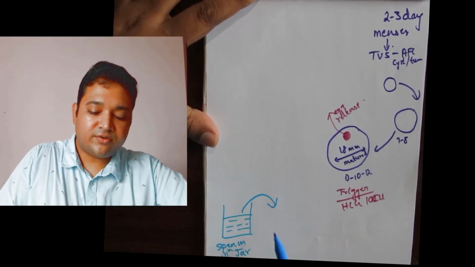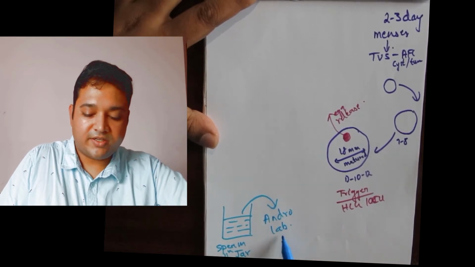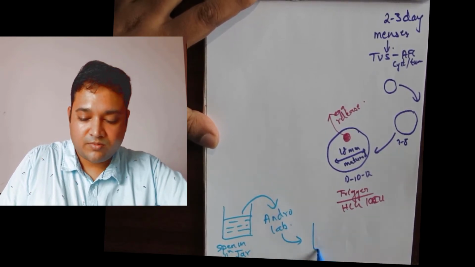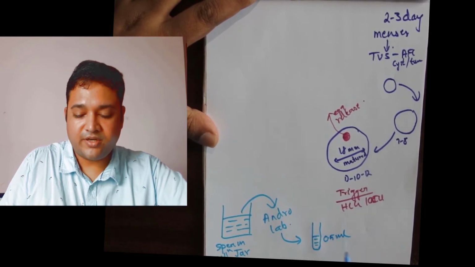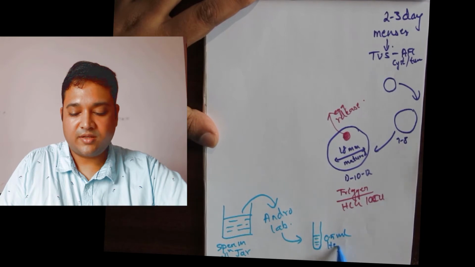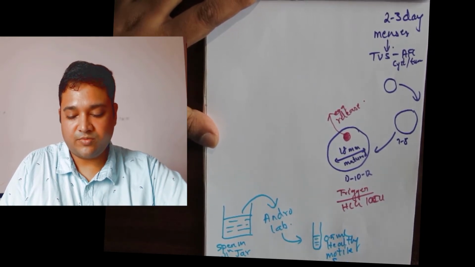By either of these methods, if the husband is in a position to give his sperm sample, then this sample is sent to the andrology lab, where it is processed into a 0.5 ml concentrate which contains the healthy motile sperms.